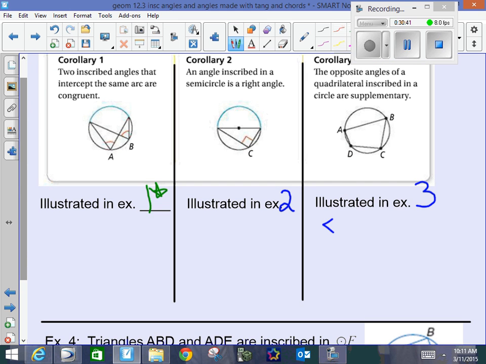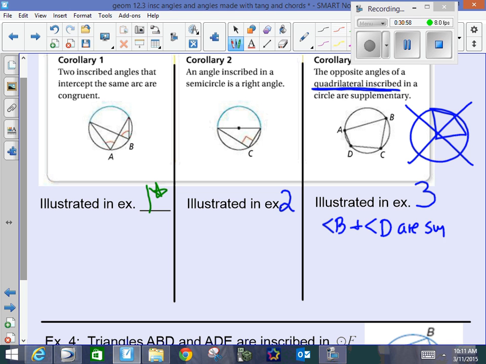In an inscribed quadrilateral, it can't be just any quadrilateral. It has to be an inscribed quadrilateral. B and D are going to be supplementary, so they're going to add up to 180, and so are the other two, A and C. That one's nice, especially when they don't give you all the arc measures.